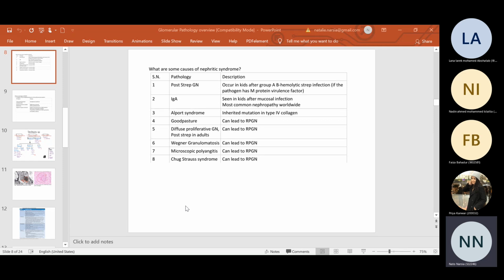You must have hearing loss, okay, because you have basement membrane damage in this region, and ocular disturbances. Because imagine, guys, you have a problem with basement membrane. For that reason, wherever you have this basement membrane, you will have problem. So hearing loss and ocular disturbances is very high yield here.